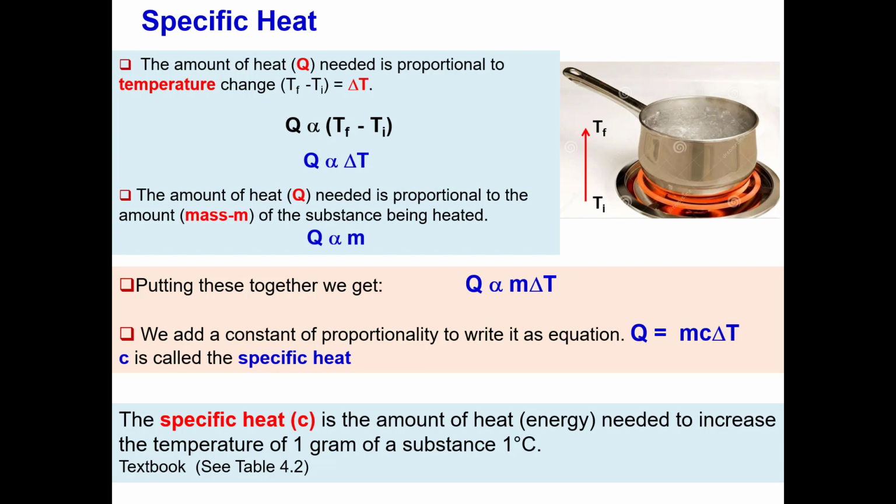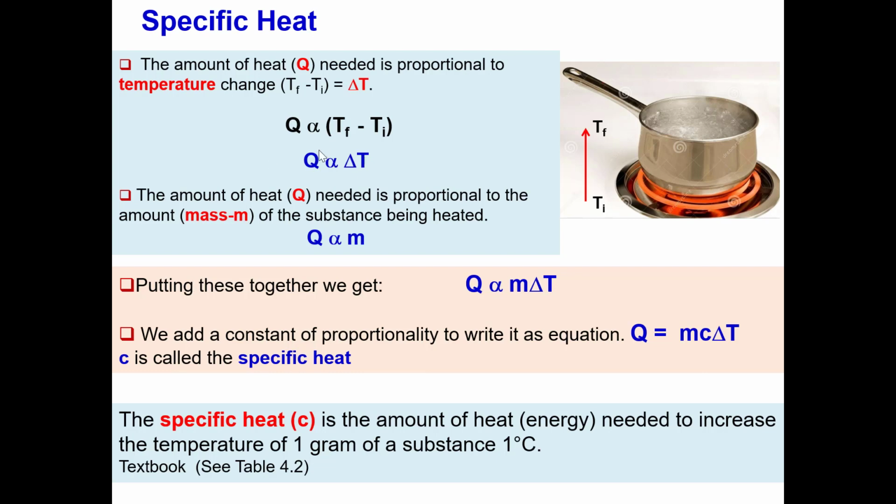What happens if we increase the temperature? What happens with the heat? We have some initial temperature and some final temperature, so we have some change in temperature. What happens if the change in temperature is larger? The heat will also increase.